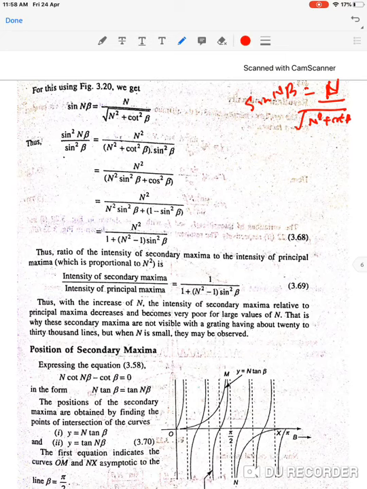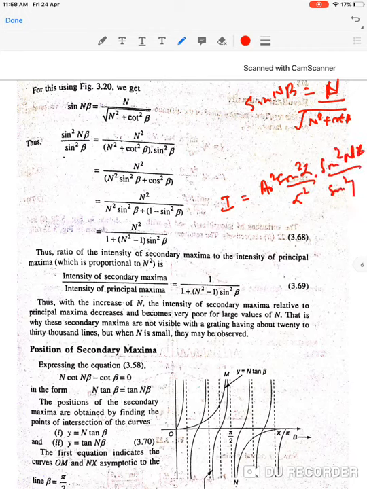Now if I put this value in this relation, we got one relation that I is equal to a naught square sin square alpha upon alpha square, then sin square n beta upon sin square beta. Now this was the intensity at any point, putting the values of beta angle, right?